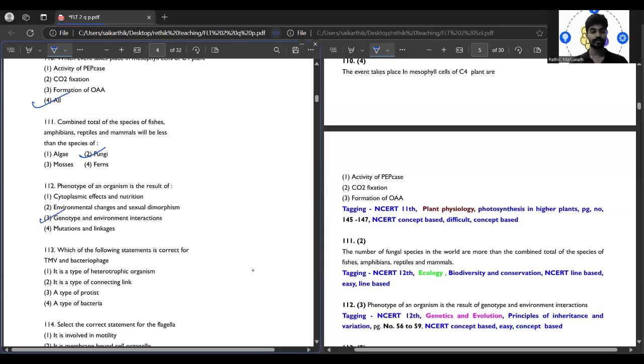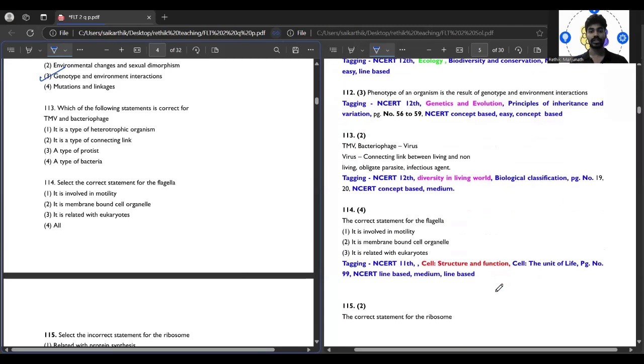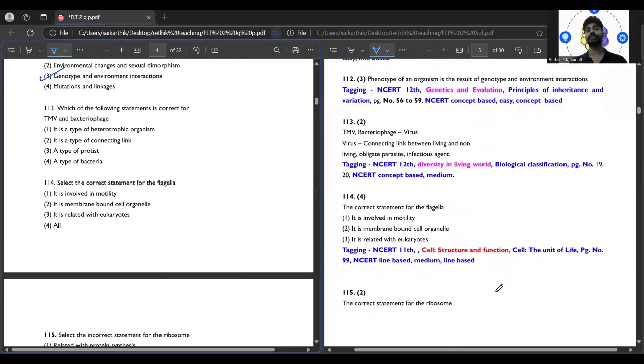So the correct answer is option 3. I'll move to the next question, 113, which says: which of the following statements is correct for TMV and bacteriophage?